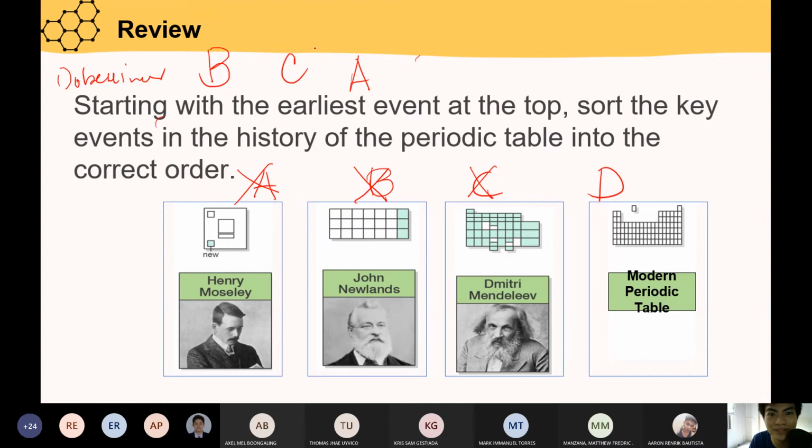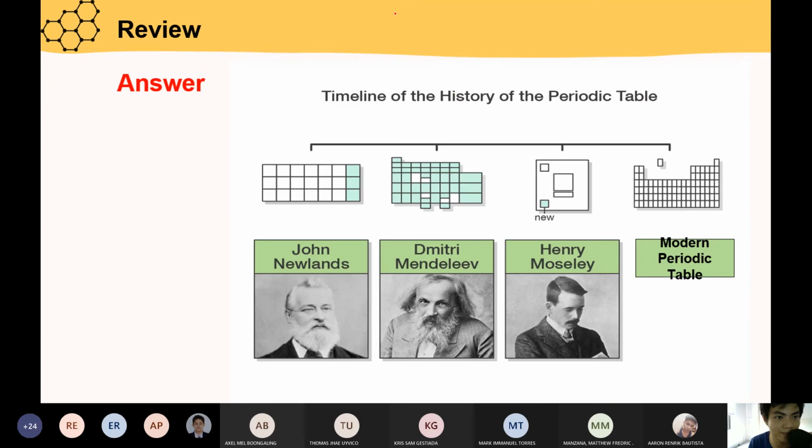Because with masses, hydrogen is 1, helium is 4, lithium is 7. The numbers are jumpy. Henry Moseley said, then just use the integer, the protons, or the atomic numbers. And then lastly, we have the modern periodic table, which is completely filled. There. Properties of elements are a function of their atomic number. Yes. Okay, that is what Henry Moseley said.